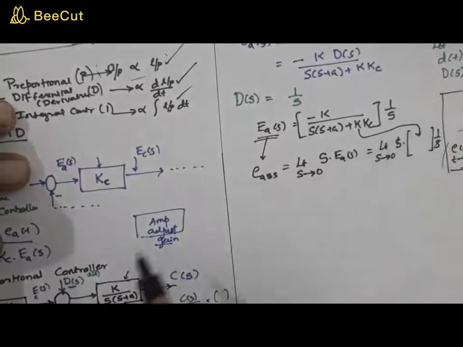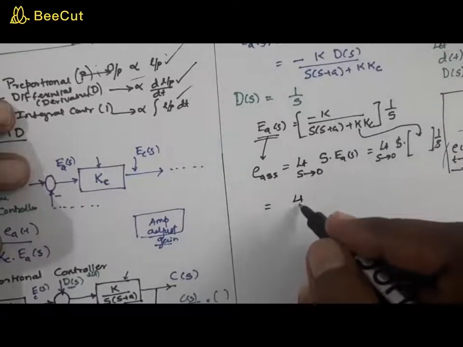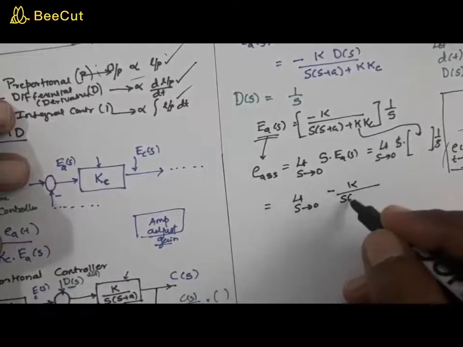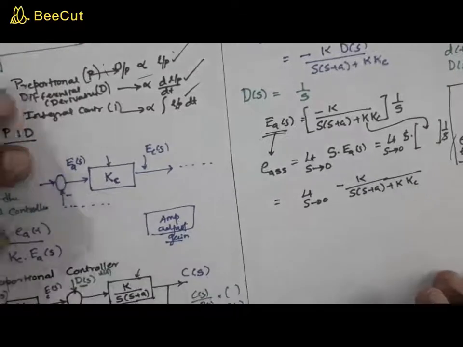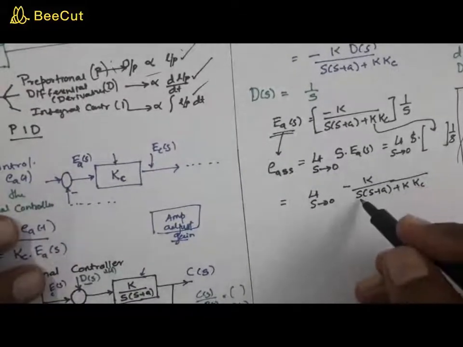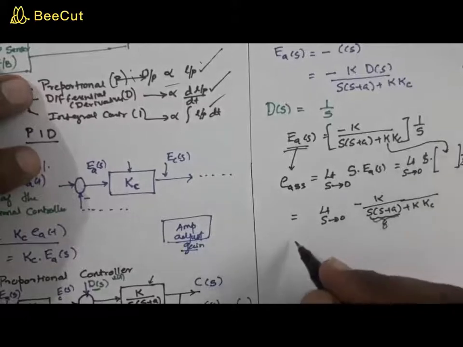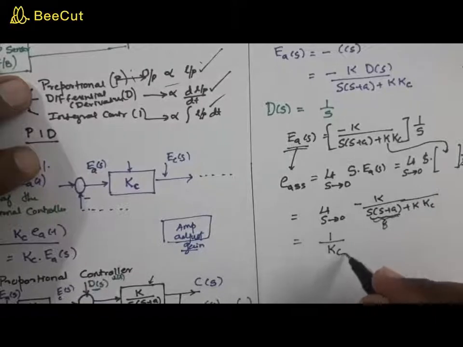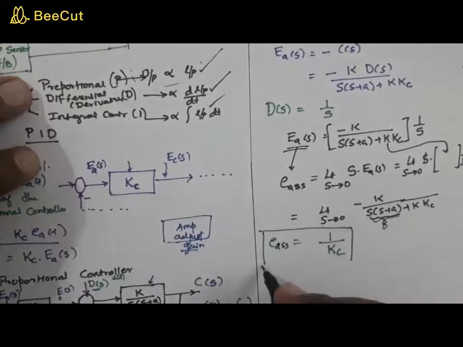So this s and s get cancelled, and then you need to apply limit s tends to 0 of minus K by s(s plus a) plus K into Kc, right? When you apply s tends to 0, this part becomes 0, and now you don't have any s over here. So you will be getting this as 1 by Kc. So the steady state error EaSS is found to be 1 by Kc.